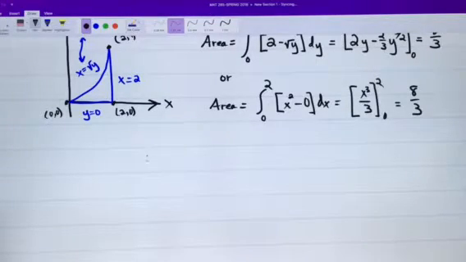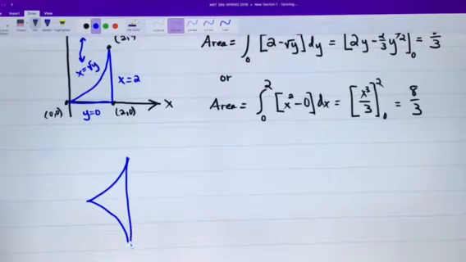Now, if I'm looking at generating the volume of the solid about the x-axis, we have contact with the x-axis throughout, for the base of this triangle. So I am enabled to use the method of disks.